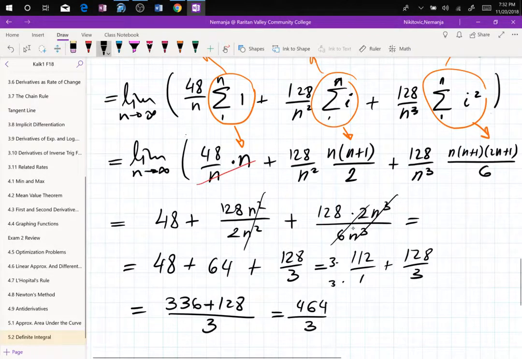What was that? 2x squared plus 4, right? From 2 to 6? Got it. Perfect. If you don't believe me, there's the 464. 464 over 3. So, easy, right? No problem.